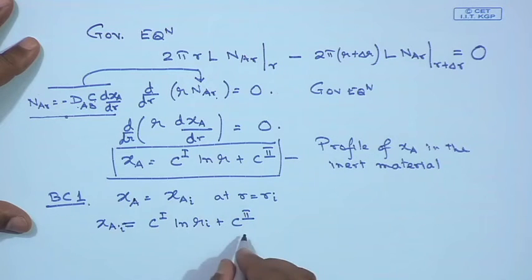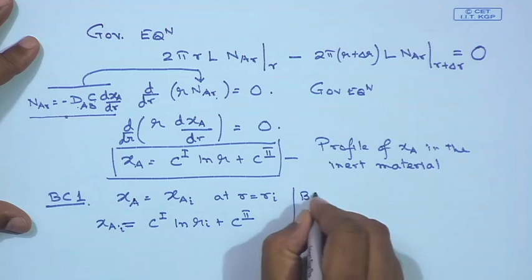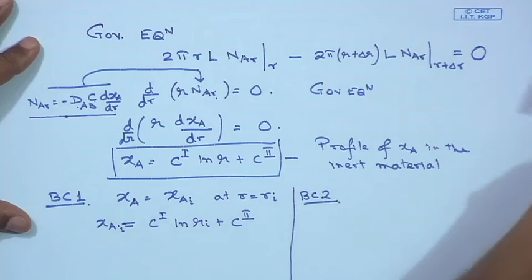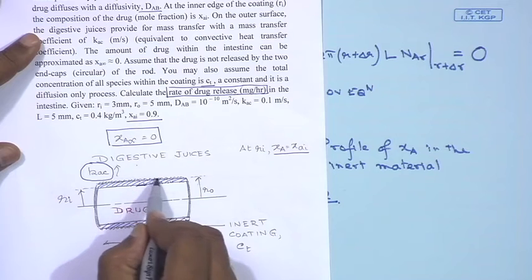So, this is going to be my relation 1, and boundary condition 2 will be on the outer surface of the coating.